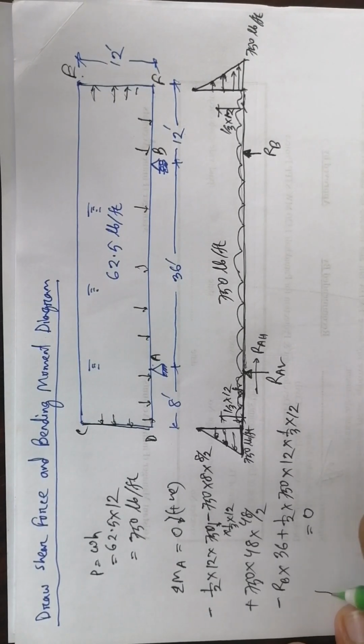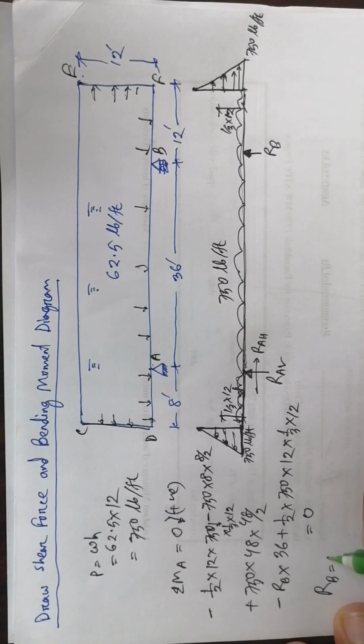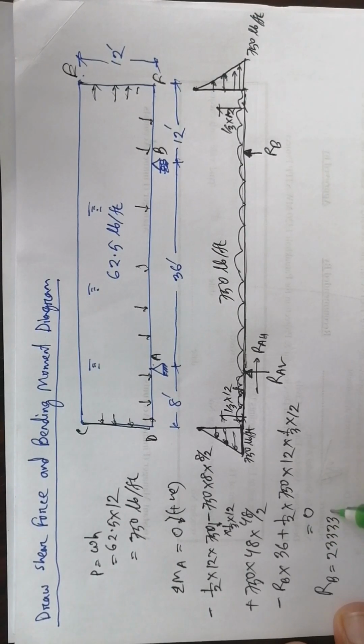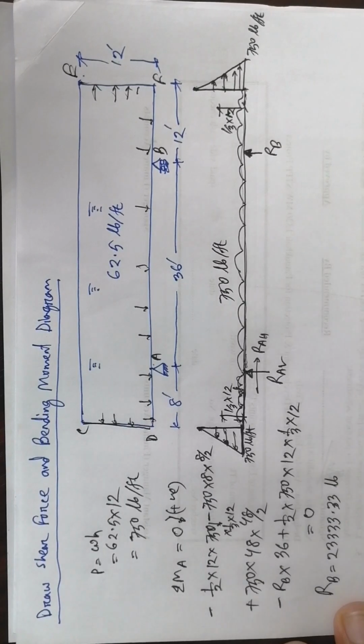So if you calculate RB, here we get 233.33 pound.